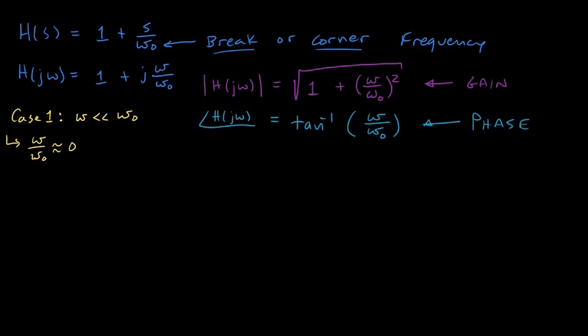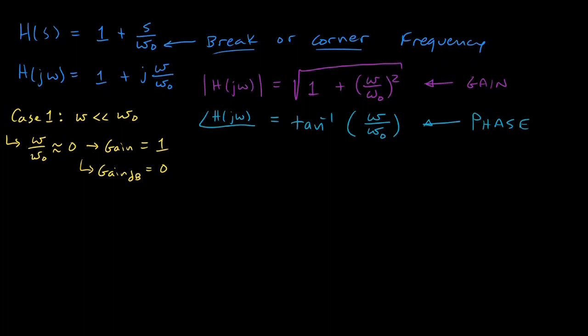Then the gain expression is the square root of 1 plus something close to 0, and the square root of 1 is 1. So the gain equals 1 unitless, which means the gain in dB is 0. That's 0 dB when ω is small compared to ω0.